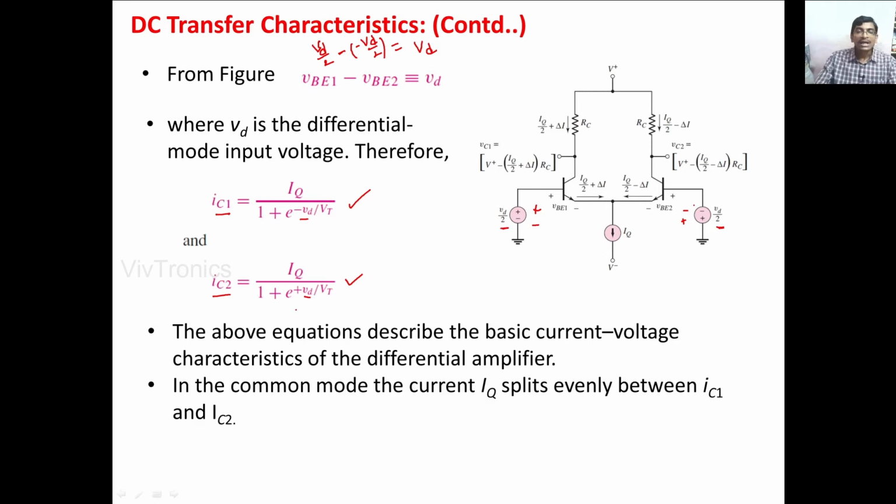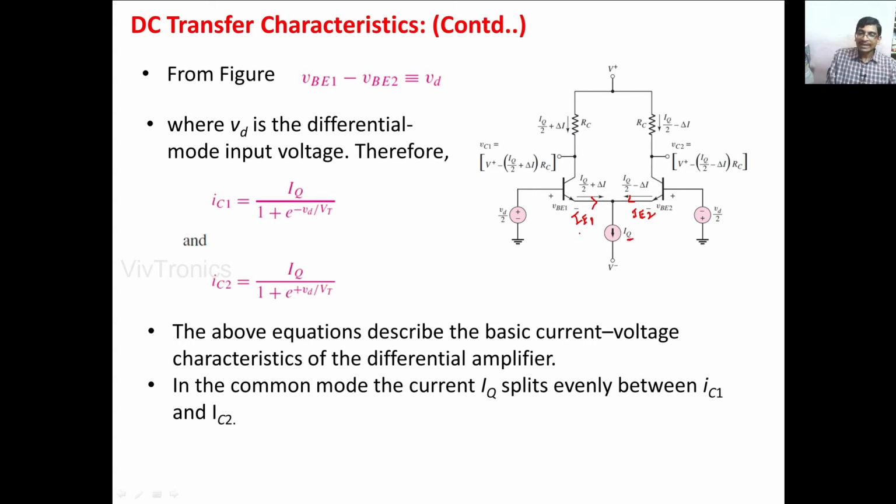In the common mode, the current IQ will split evenly between IC1 and IC2. So here IE1 is the emitter current of the transistor 1 and IE2 is the emitter current of the transistor 2. Okay, so here IQ is evenly splitting for common mode of operation.